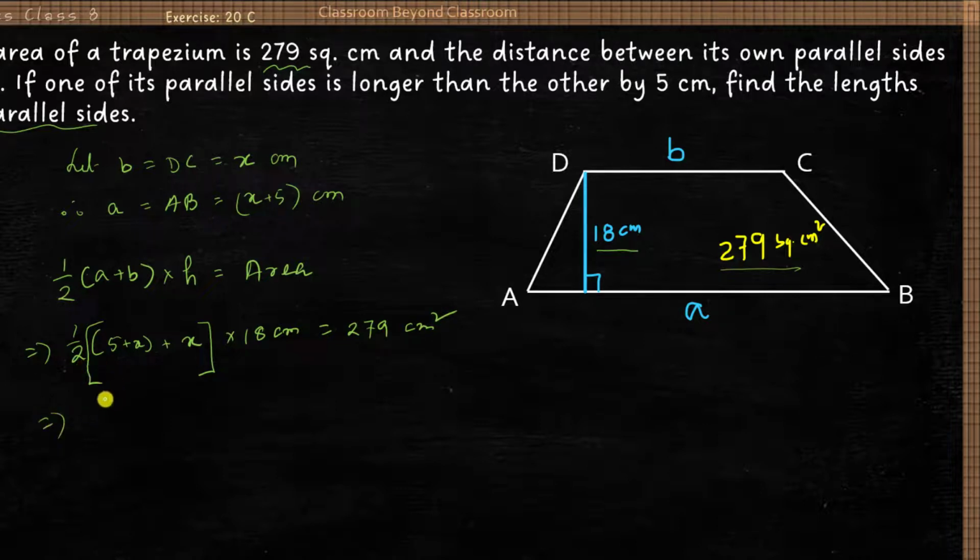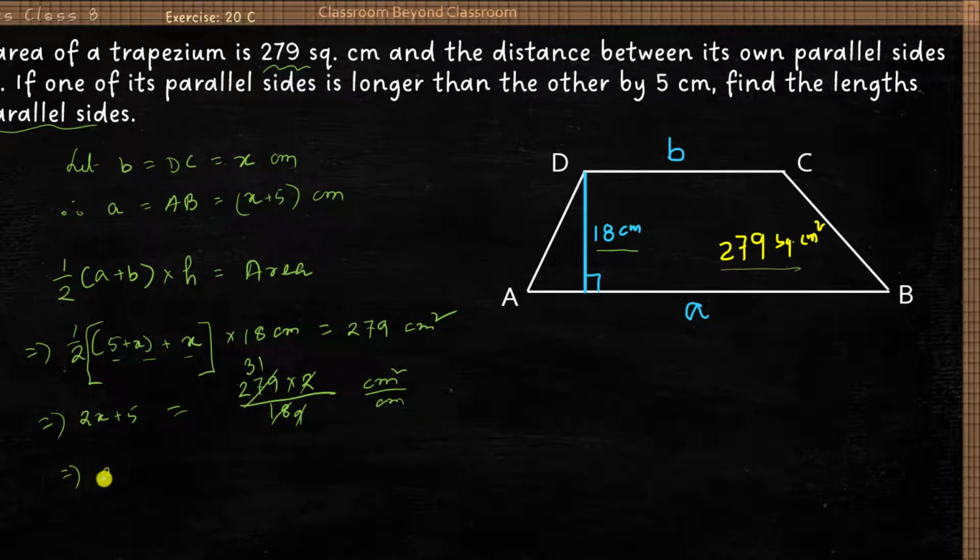So therefore this 5 plus 2x, or we can say twice x plus 5, is equal to 279 multiplied by 2 divided by 18 centimeter square divided by centimeter. 2 nines are 18, 9 threes are 27, and 9 ones are 9.